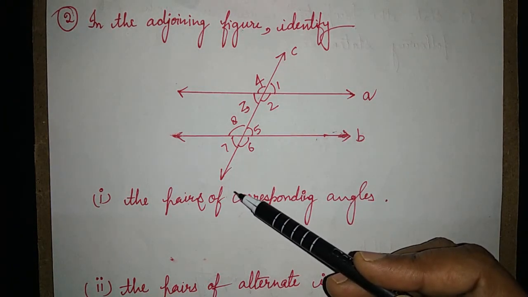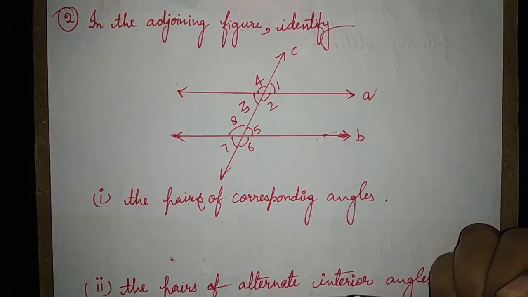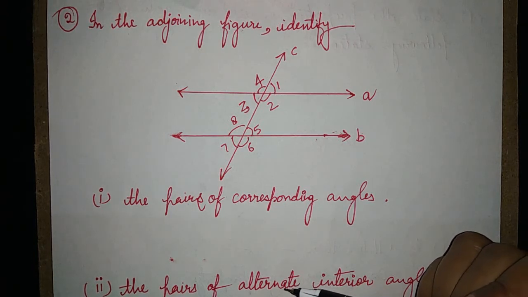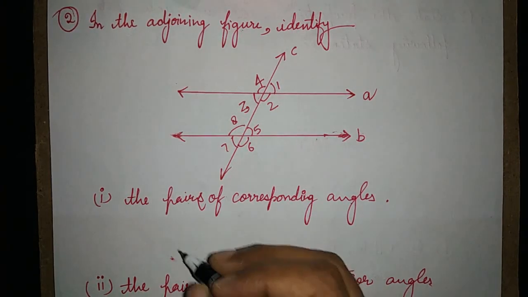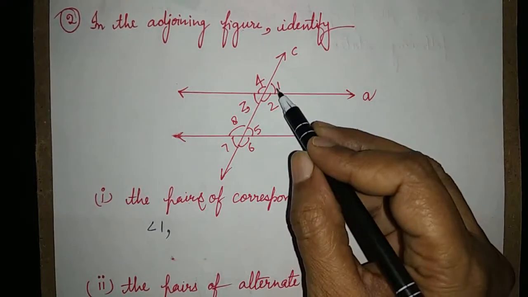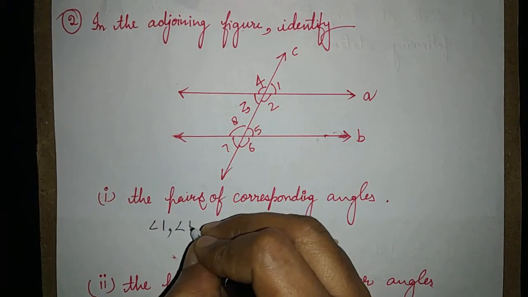And we have to tell the pairs of corresponding angles. So see the first pair of corresponding angles. Angle 1 and angle 5 are corresponding.